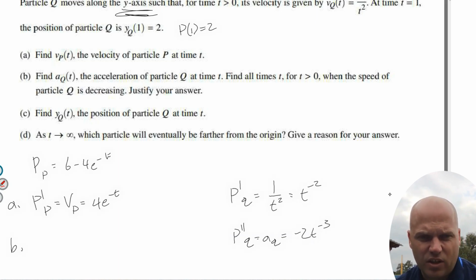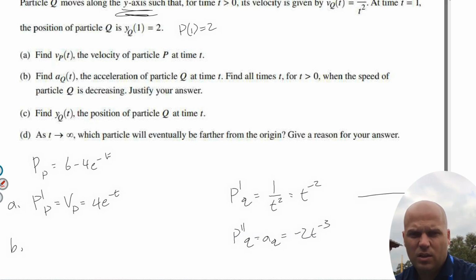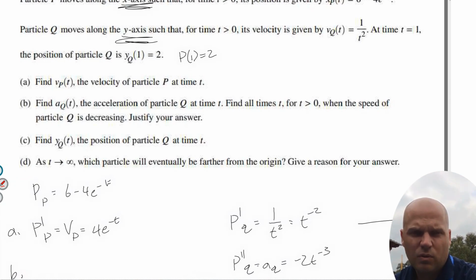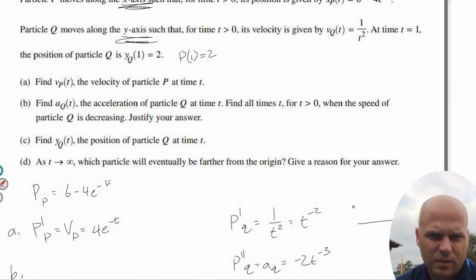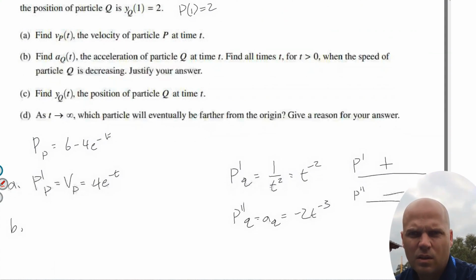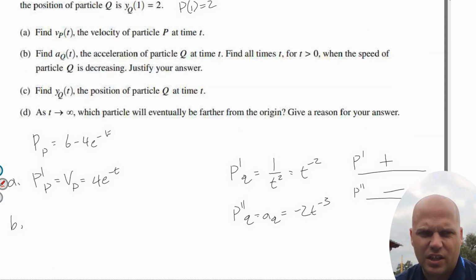When is the speed decreasing? It's Q. Well, the velocity is positive. Acceleration is negative. So the speed is decreasing.